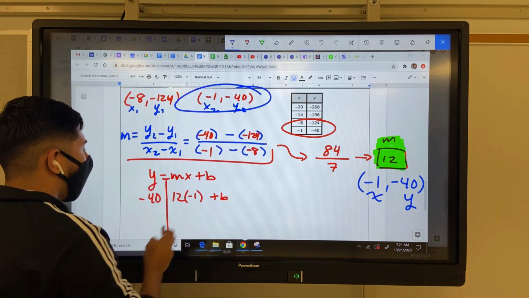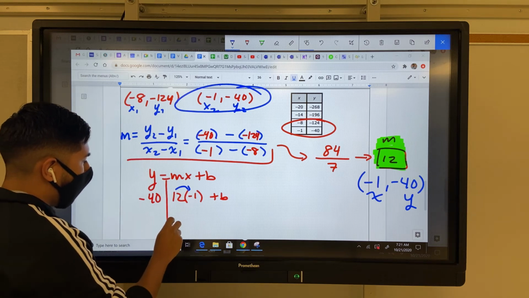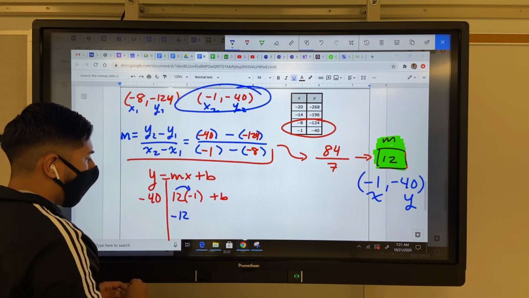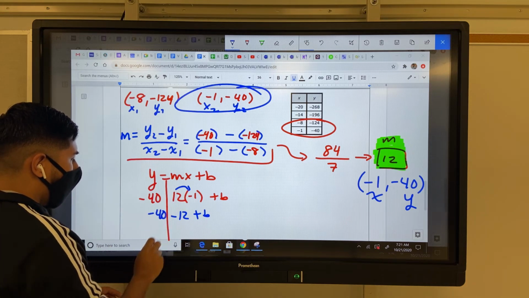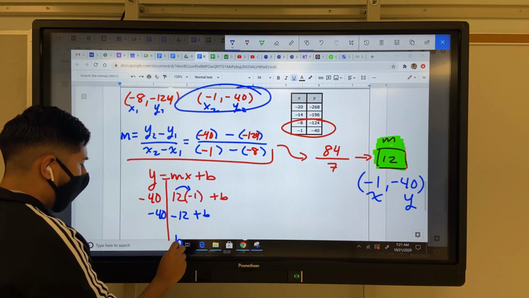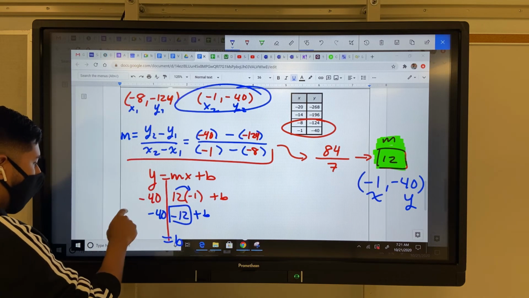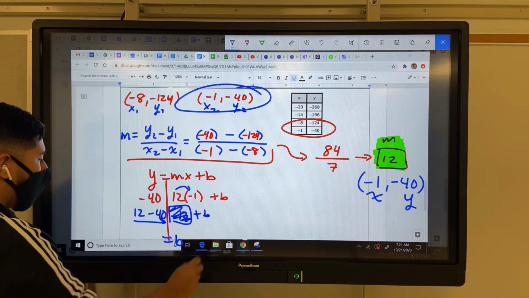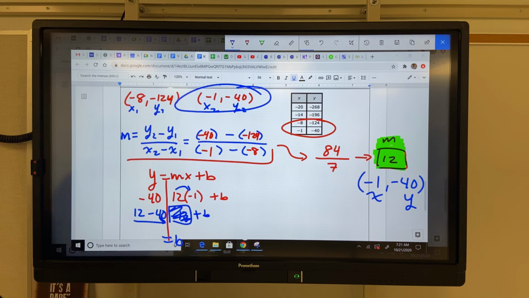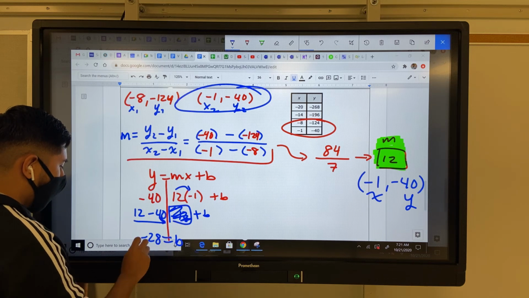Then we solve, parentheses first, 12 times -1, -12 plus b, -40. Need my b by itself. Need to move this 12. Turns positive. Make sure you read. 12 minus 40 is -28.